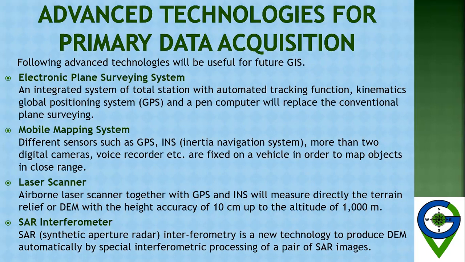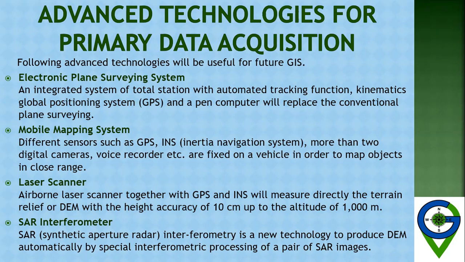Then the mobile mapping system: different sensors such as GPS, INS, that is inertial navigation system, more than two digital cameras, a voice recorder, etc. are fixed on a vehicle in order to map objects in close range. We have discussed close range photography and aerial photography. So mobile mapping comes under close range.